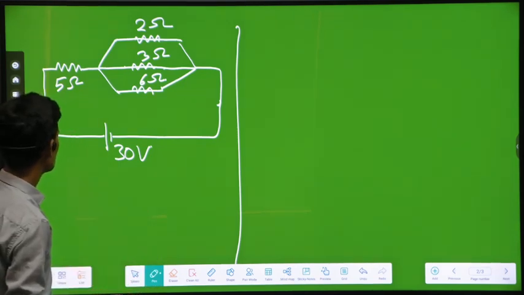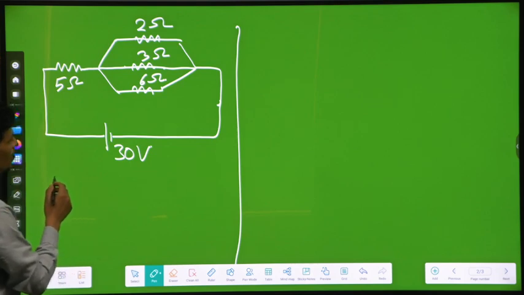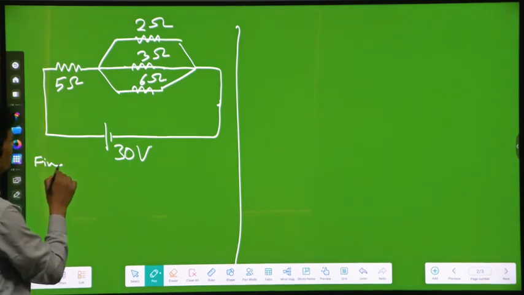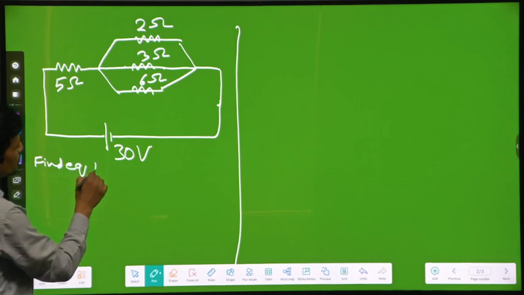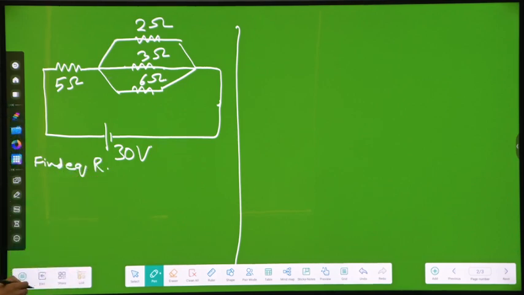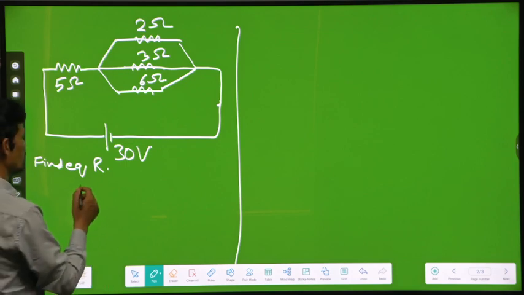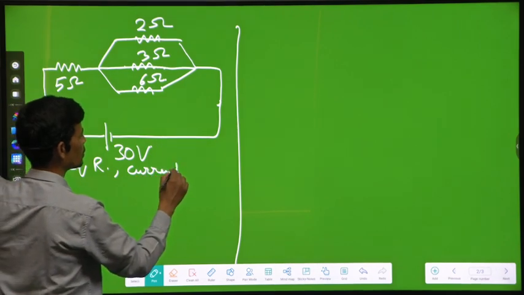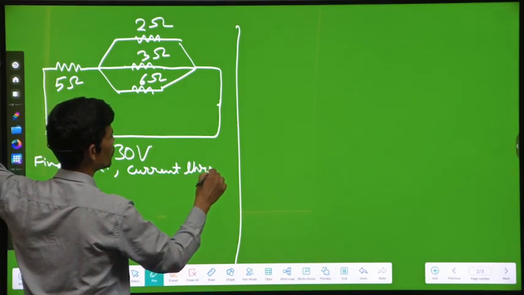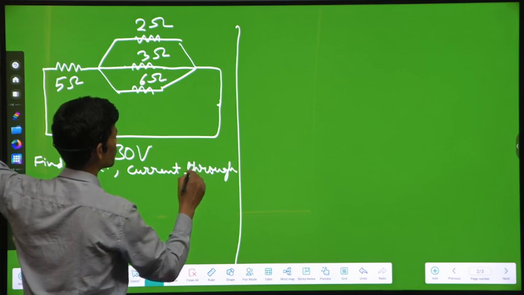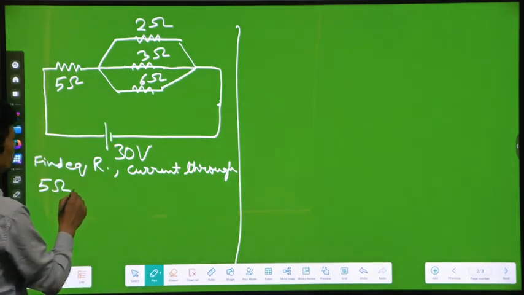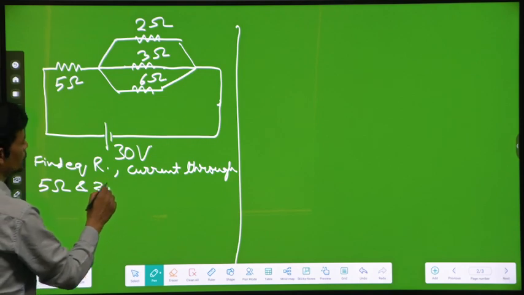The question is, actually they are asking us to first find the equivalent resistance, and then maybe they can ask the current through 5 ohm and 2 ohm.